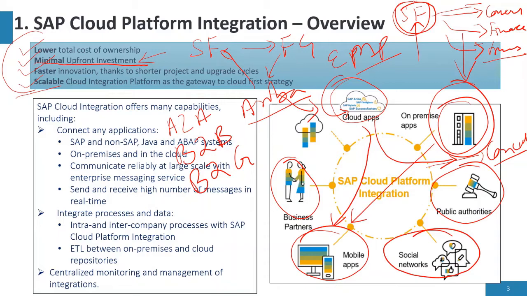So it has that capability. Since it's a middleware, it has been built with only one purpose. It should be able to connect with any type of systems. It should be able to read and write any type of data format, right? So that is the whole purpose of this system.